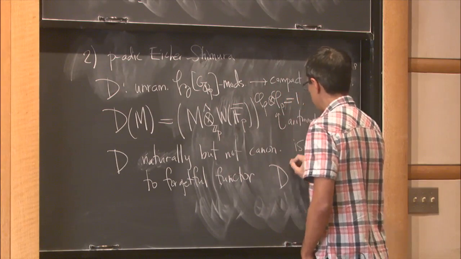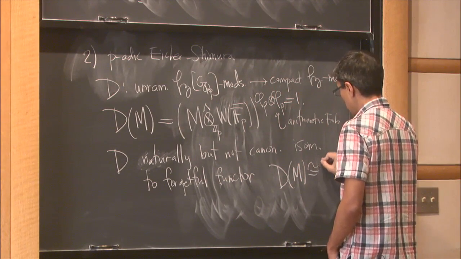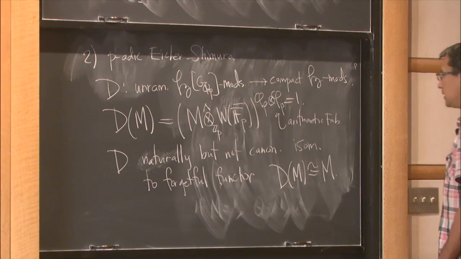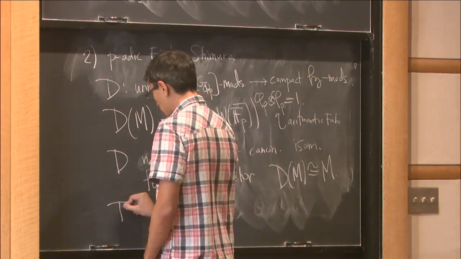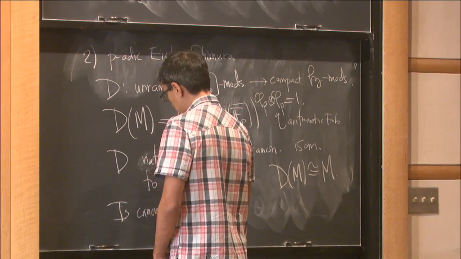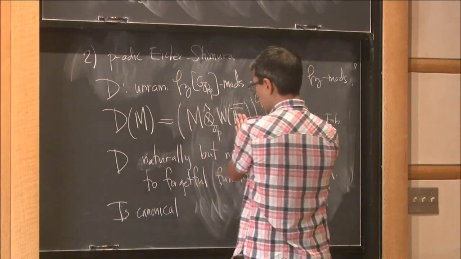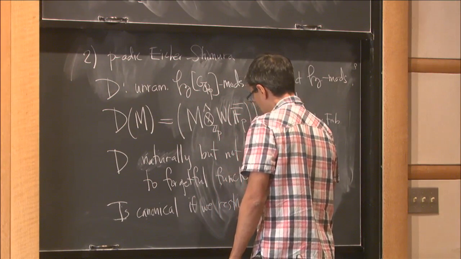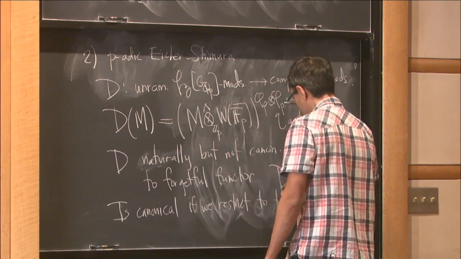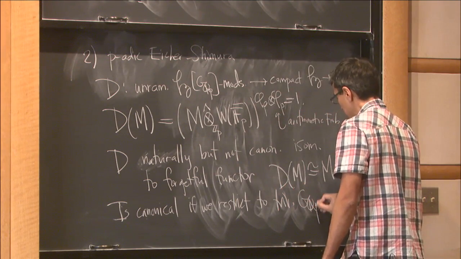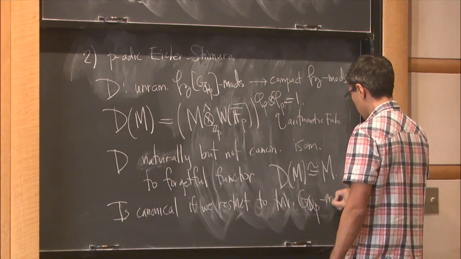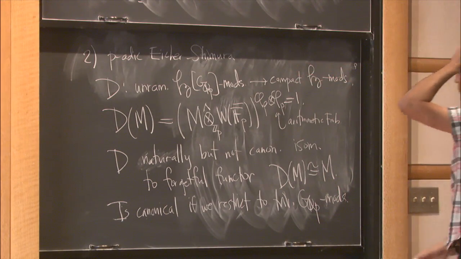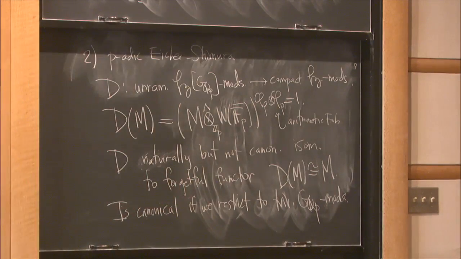So in other words, D of M is actually isomorphic to M. But this isomorphism isn't quite canonical. However, it is canonical if we restrict to trivial modules, meaning the action is trivial. OK, so what if I apply this to T quo, which is unramified, as I mentioned?